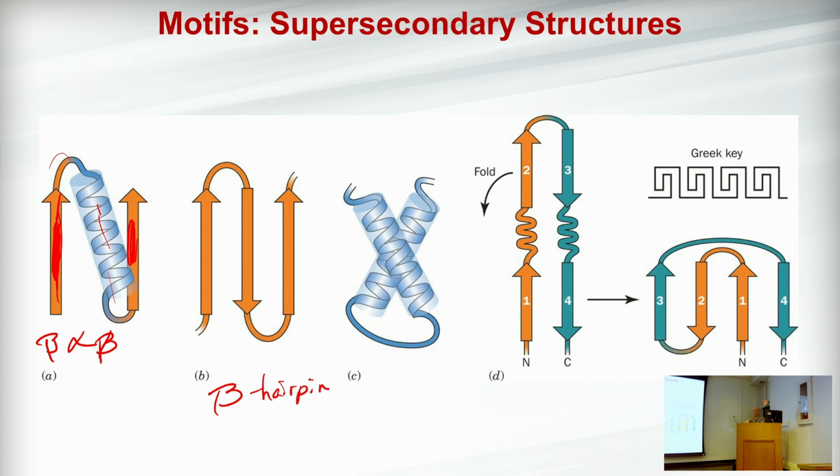I remember when I used to write a journal article about my protein, I would say that my protein had a tandem beta, alpha, beta, beta, beta motif. That was its structure.